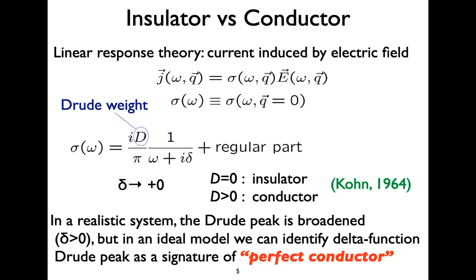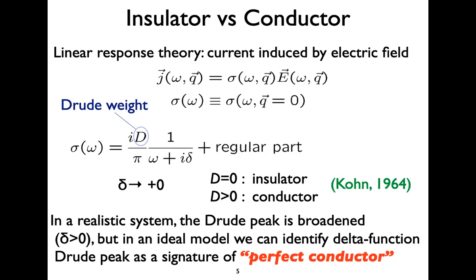But in many applications, we can focus on zero wave vector, because even if you shine light, which has a finite wavelength, usually the wavelength is much, much bigger than the microscopic length scale, such as the lattice constant or interatomic distance.